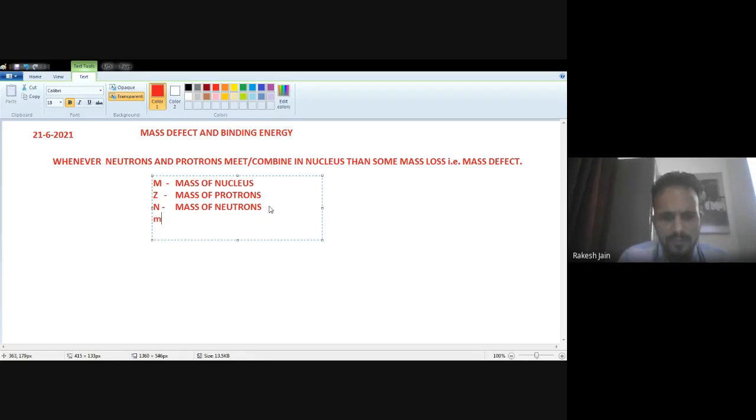Mp is our mass of proton. And for the mass of neutron, we use Mn.